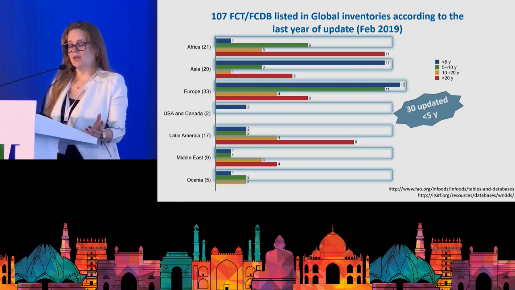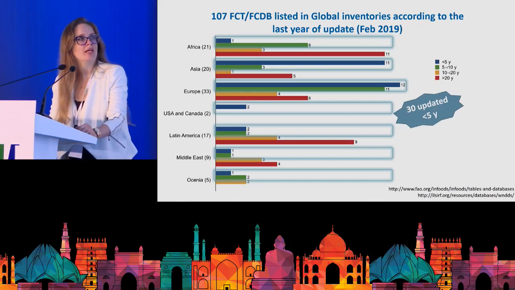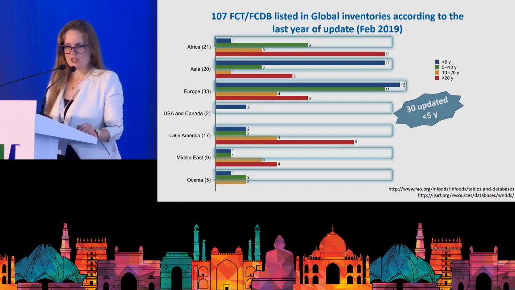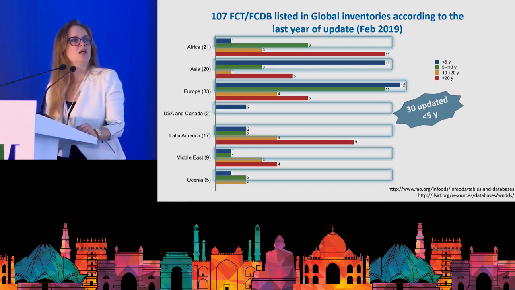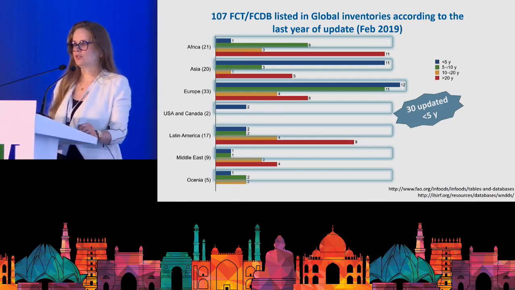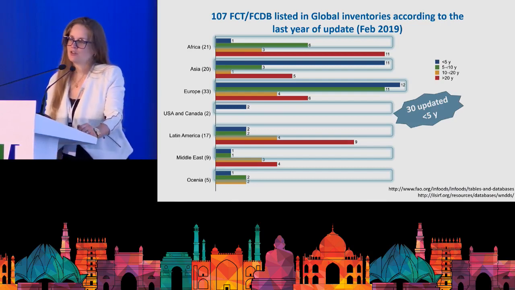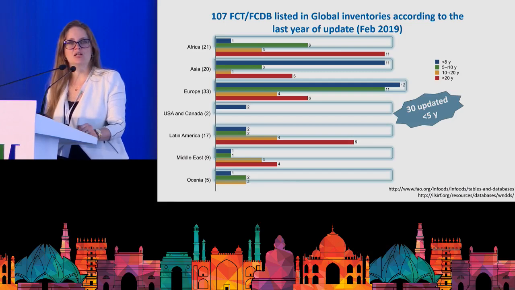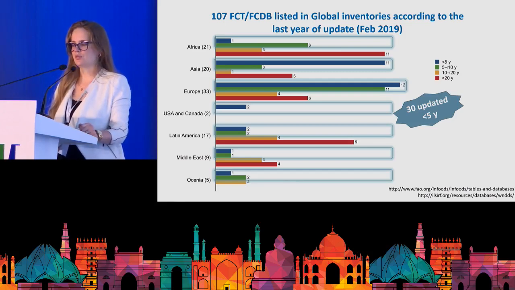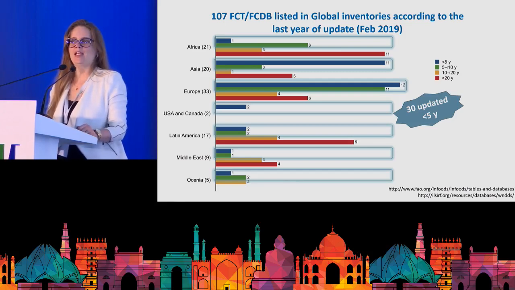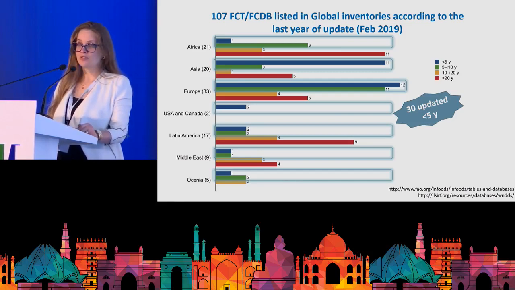So we can have a very good example from India. Here, in 2017, the National Institute of Nutrition, under the coordination of Dr. Langva, published a very good national food composition table for India, and it's based only on analytical data from Indian foods.